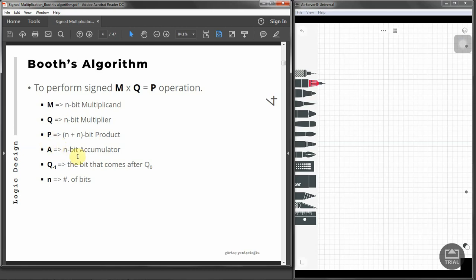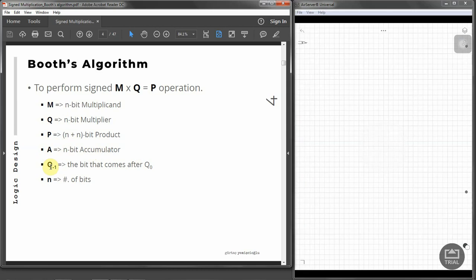We are going to use two other variables: A is the accumulator, and Q minus 1 is the bit that comes after Q0. Now, as you can see, n bit, n bit, n plus n bit, and n bit.